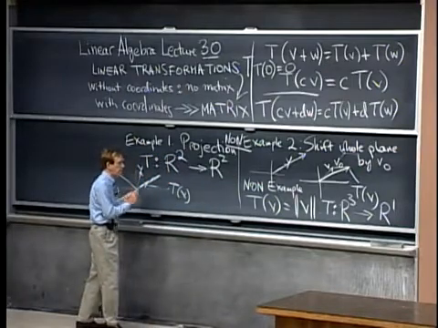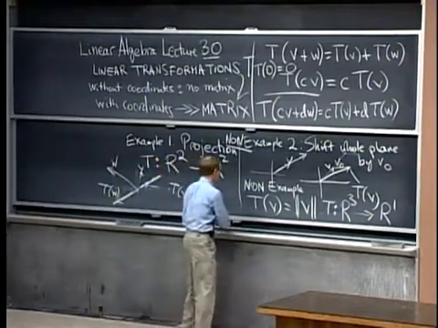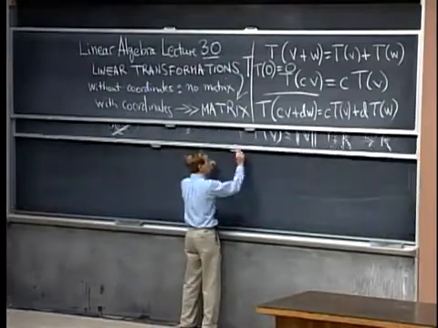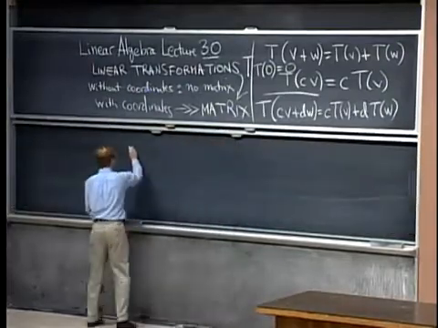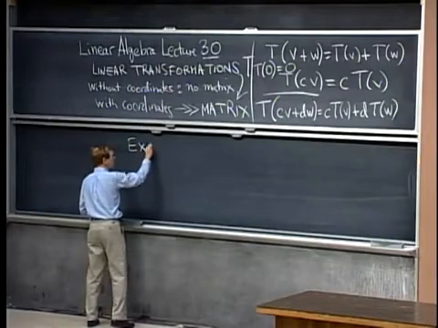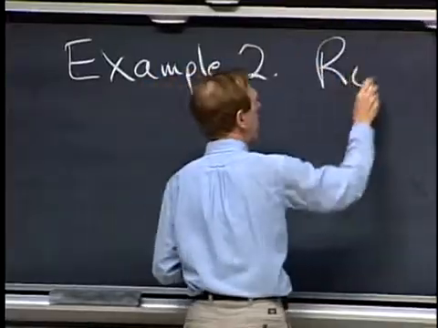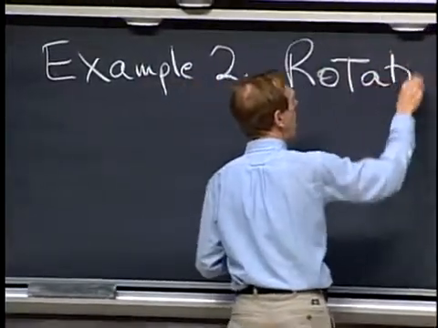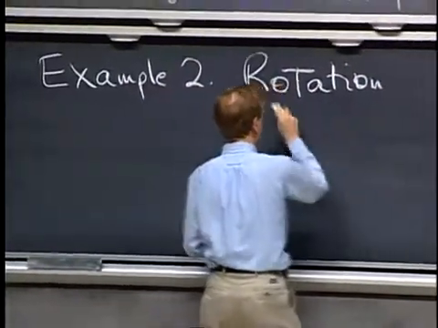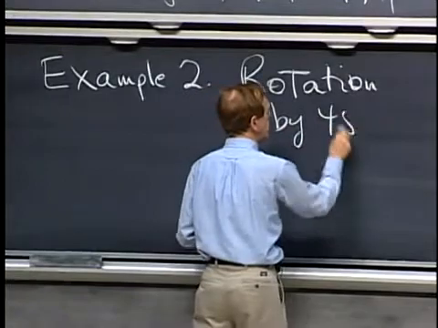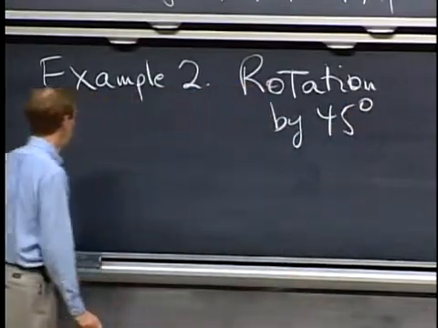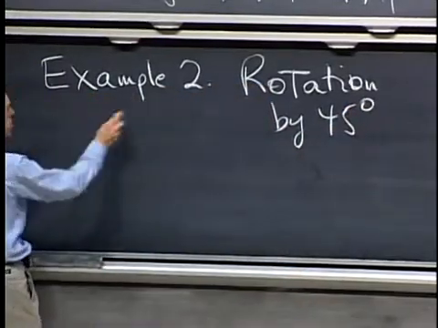Projection was an example. Let me give you another example. I can stay here and this will be an example that is a linear transformation. A rotation. Rotation by, what shall we say? By 45 degrees. Okay? So again, let me choose this.